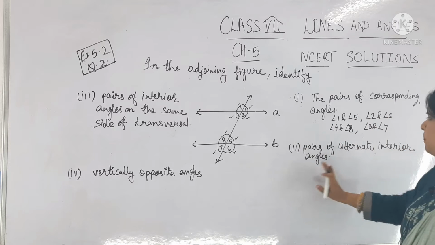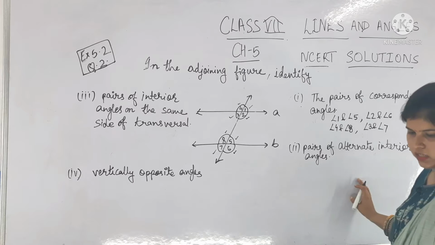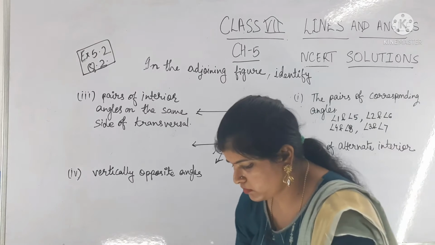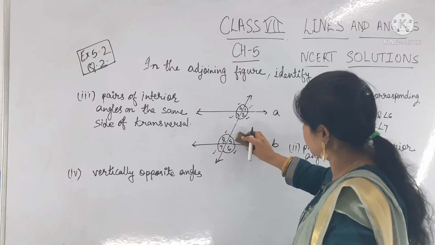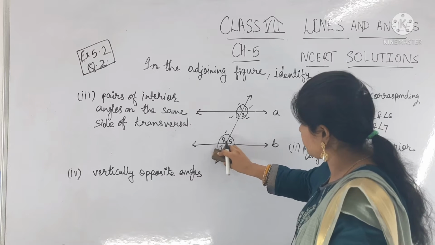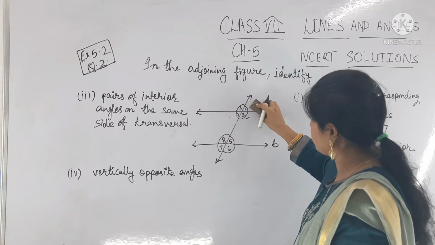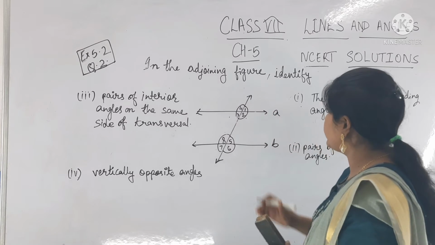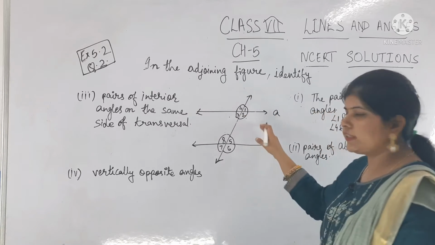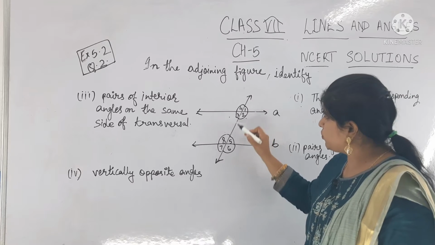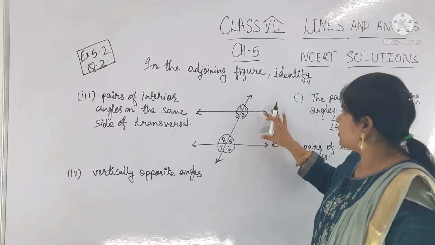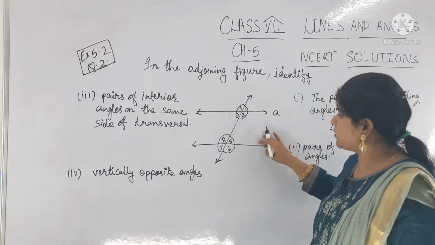Now number 2 is the pairs of alternate interior angles. Which are the interior angles? These are angles 2, 3, 5, 8, which are inside the two lines.